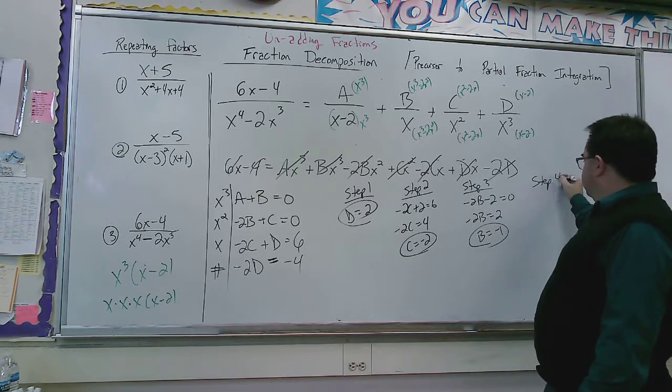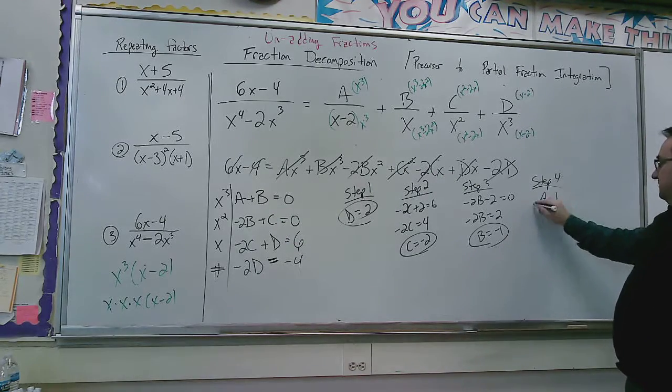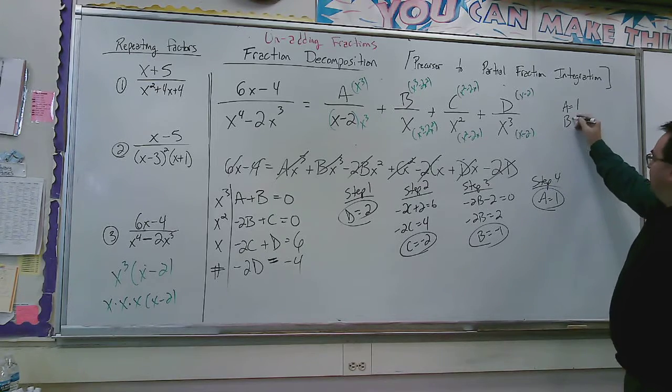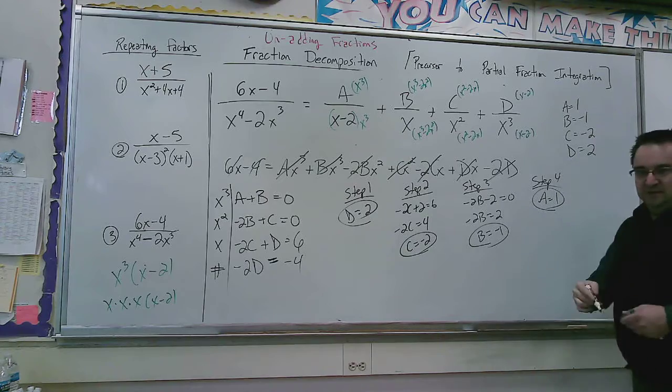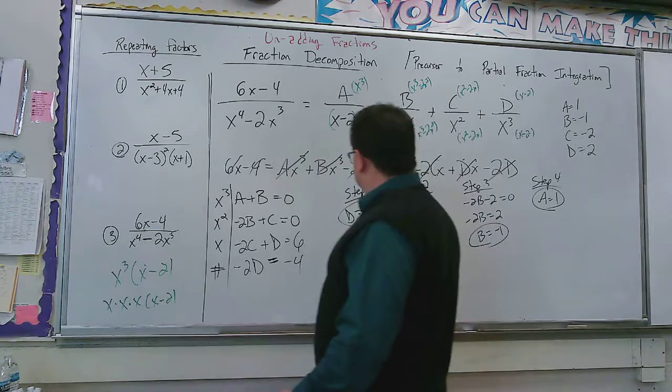In our final step, if b is -1, then a must be +1. So there we go. We know what a, b, c, and d are. So this one is all integers. I could have got some fractions in there, but I didn't in this case.